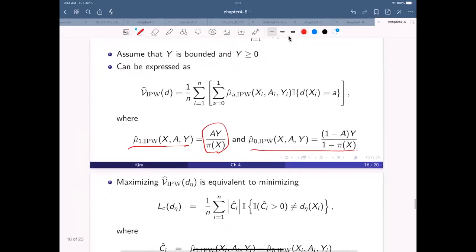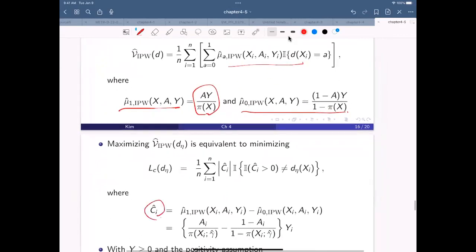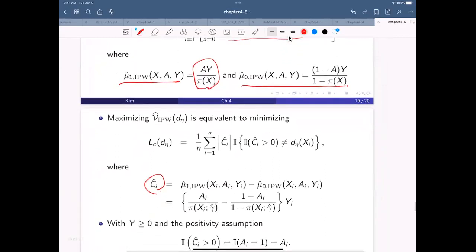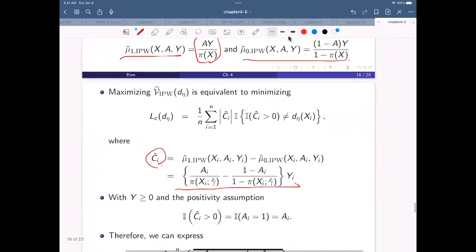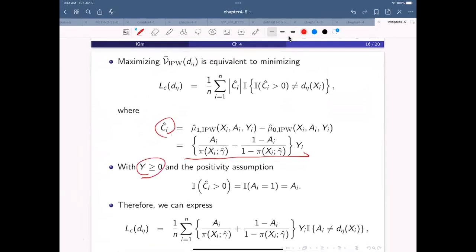Once you write it this way, you can write the contrast function, which has this form. Now, if y is non-negative, y is usually a physical measurement of something, like blood pressure, then it is positive.